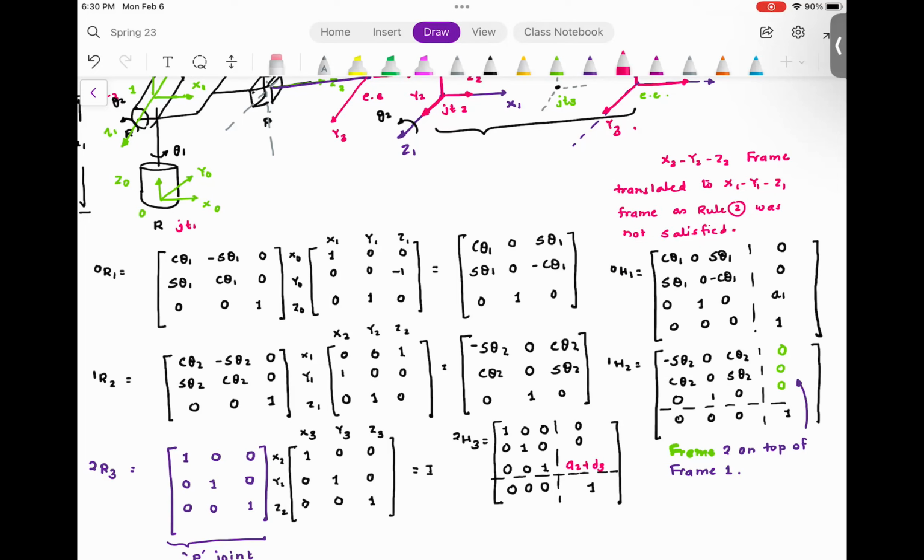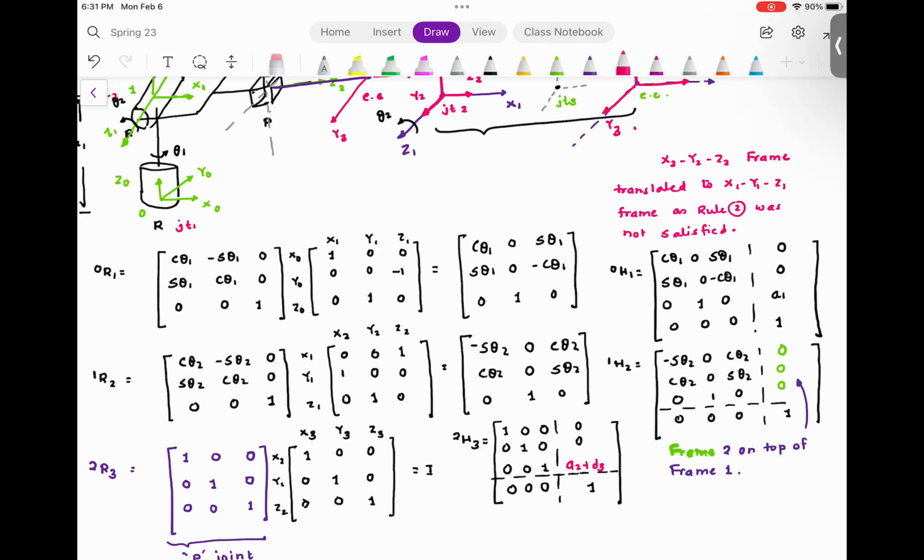So everyone understood how we got these homogeneous transformation matrices? The first homogeneous transformation matrix is between 1 and 0. The second is between 2 and 1. The third is between 3 and 2. And I made a mistake here.